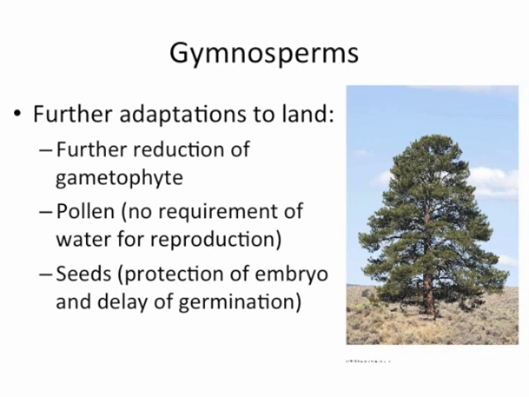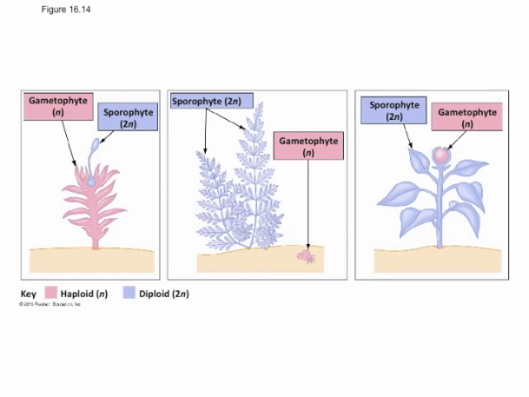Okay, so just to look at these three groups in terms of the sporophyte versus gametophyte: mosses, we have the gametophyte be the majority of the plant, and the sporophyte is just that little reproductive stalk off the top. Ferns, we have a dominant sporophyte now and a gametophyte, but the gametophyte is separate.